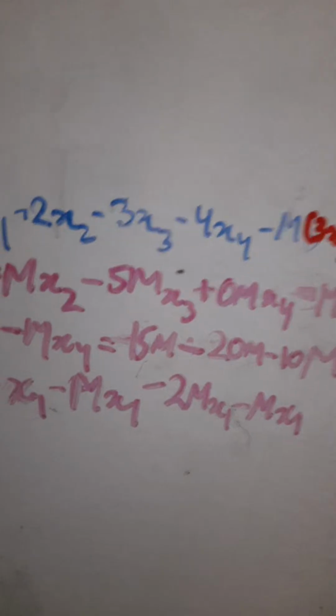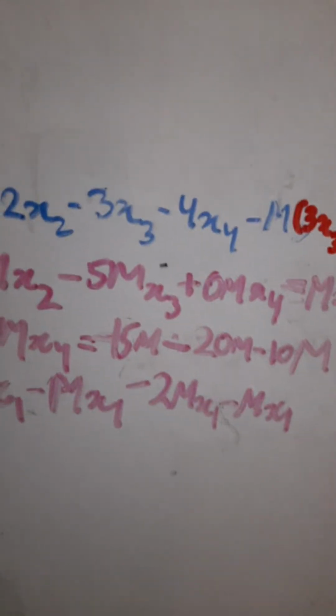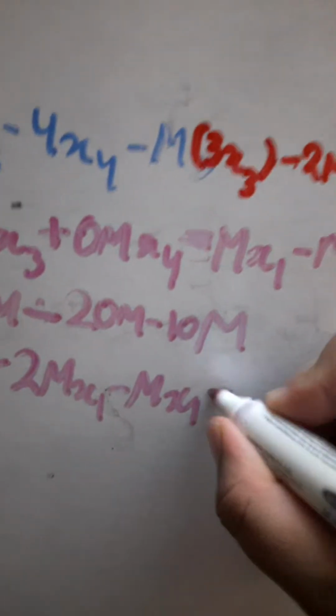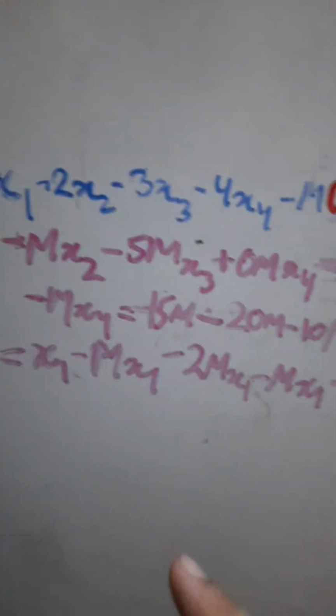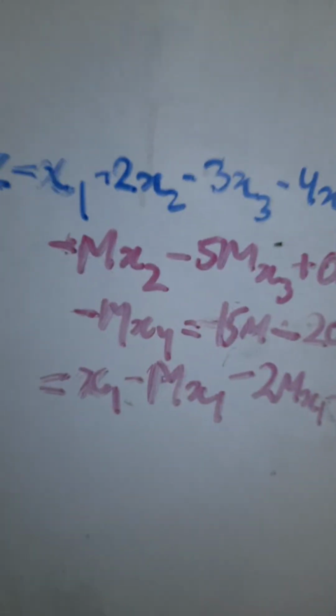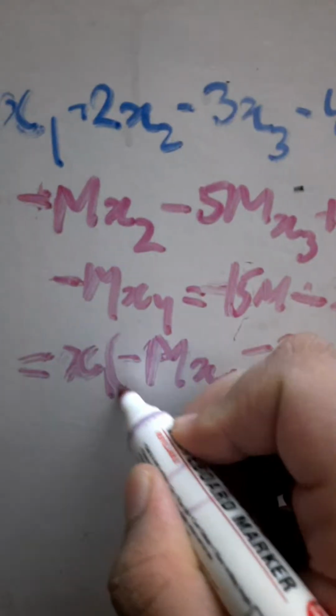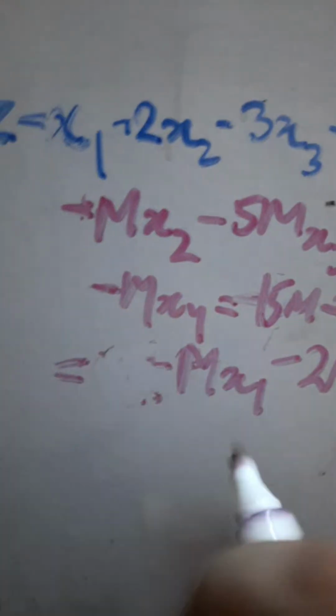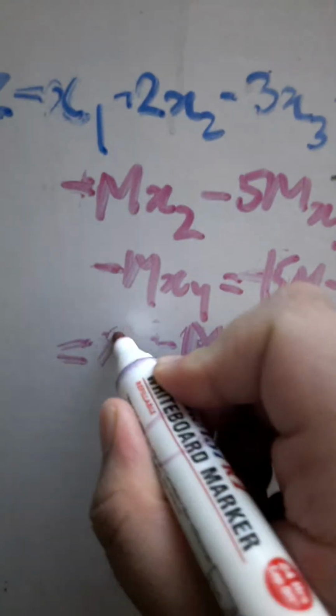It's x1 minus mx1 minus 2mx2 minus mx1. Then we have to do, so x would be common and whatever is in this, that would be there. Okay, let me show you. This should be common. Then 1, wait a second, x1 taken common outside.